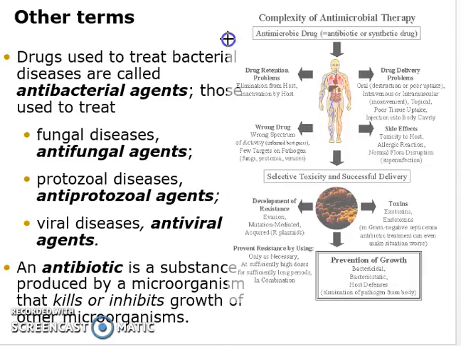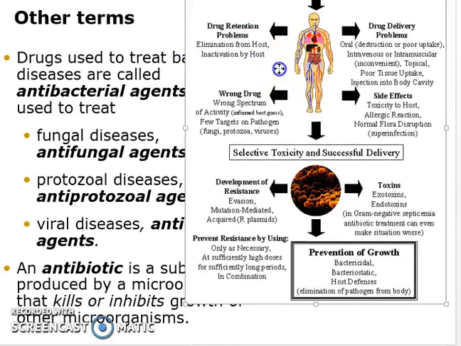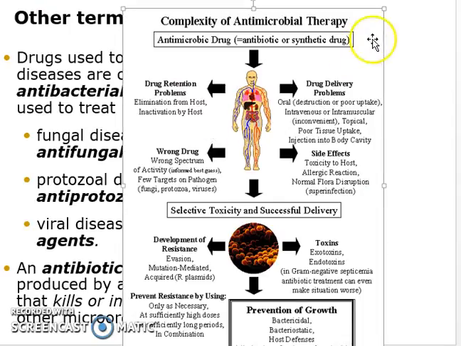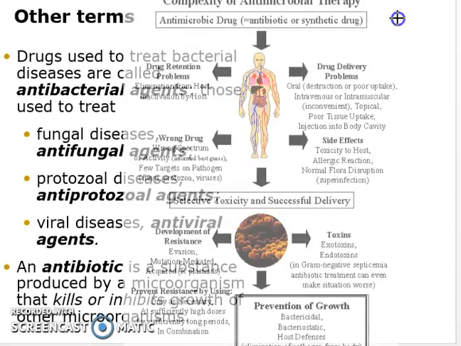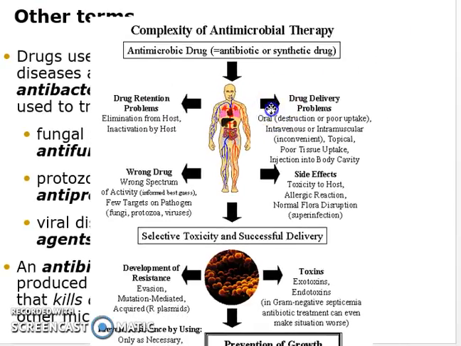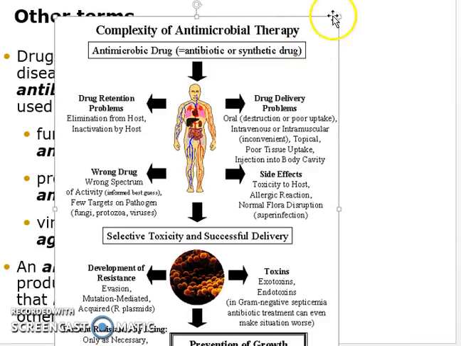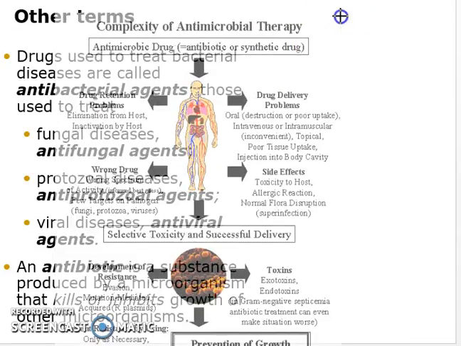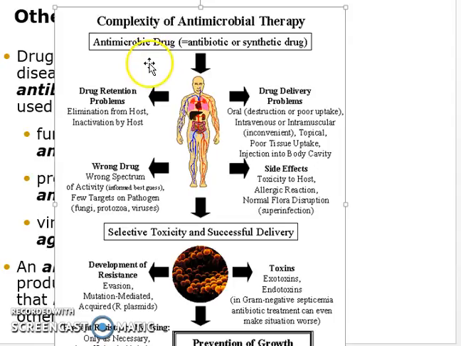In this diagram here, we're looking at the complexity that's involved in antimicrobial therapies. So when we treat infections caused by microorganisms, we've got to use an antimicrobic drug, which can be either a drug that has been synthesized from an organism or a drug that has been synthesized from chemicals in a laboratory.